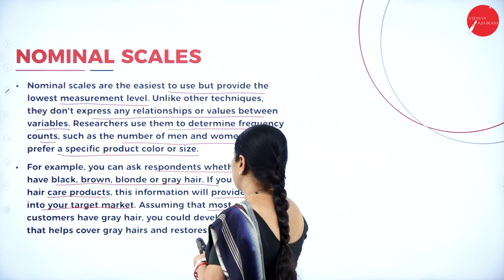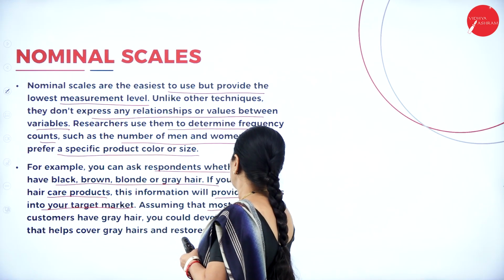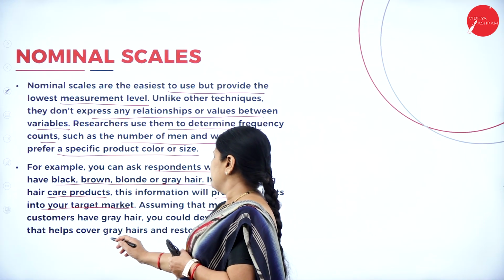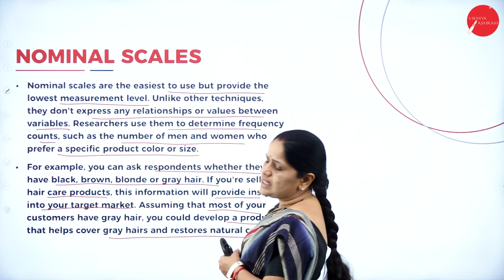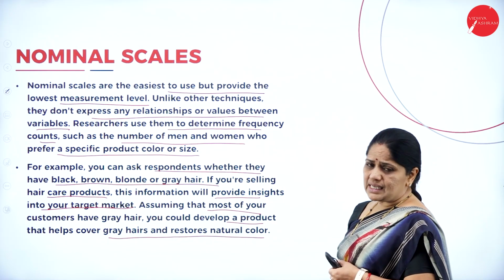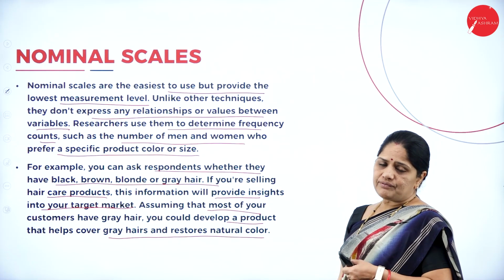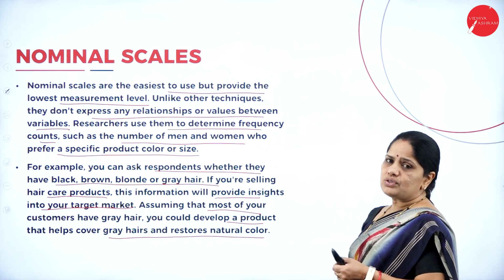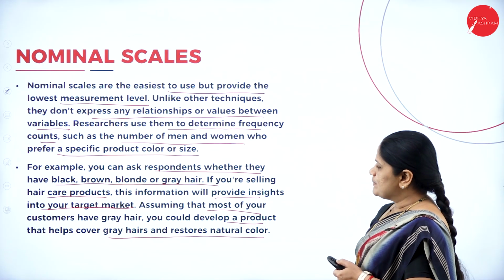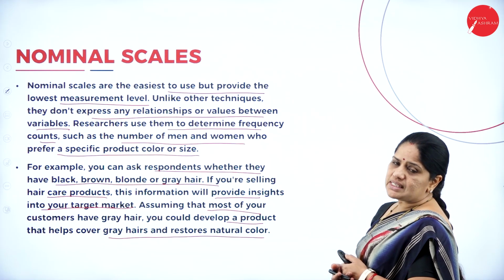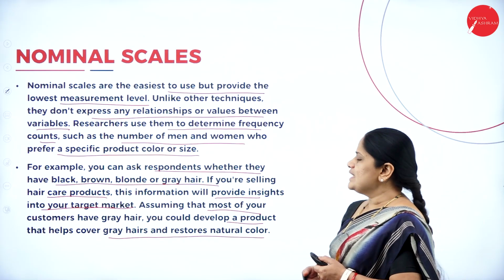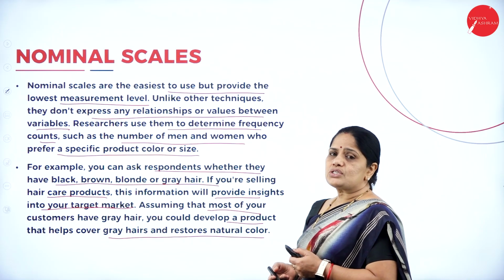Assuming that most of the customers have grey hair, you could develop a product that helps cover grey hairs and restores natural color. So, with the help of this information, we can always find a solution for the customers' problems.